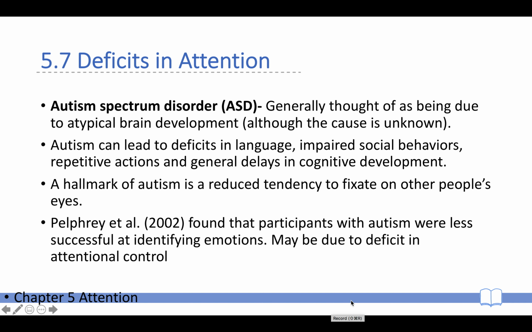If this takes place throughout the course of development, children with ASD are less likely to learn the kinds of emotional content that are expressed in people's faces. Therefore, one possibility is that the attentional deficits or differences in ASD may lead to differences in how they process emotion and other social cues.